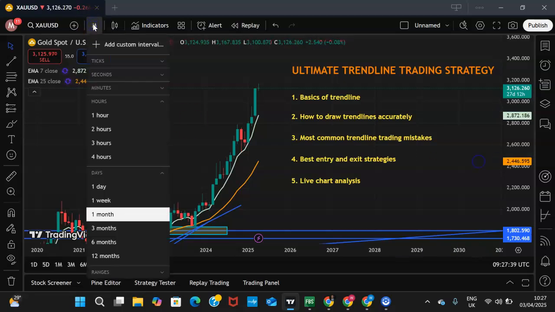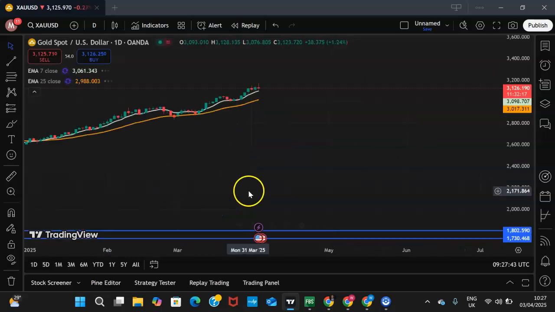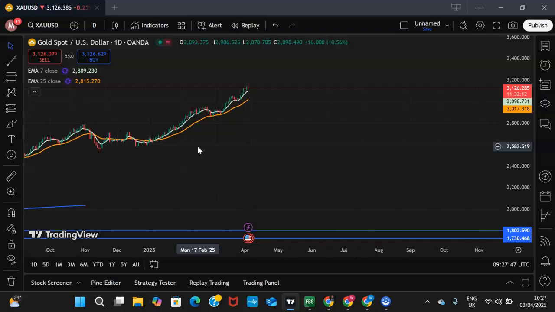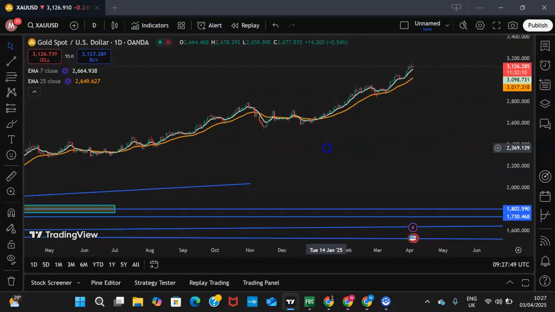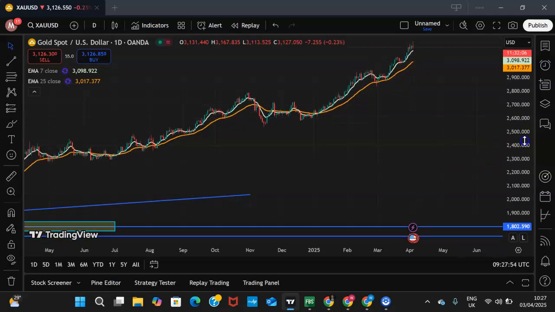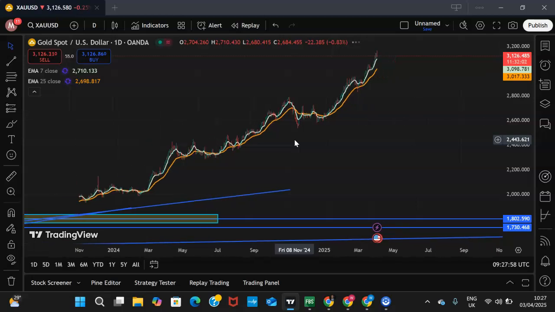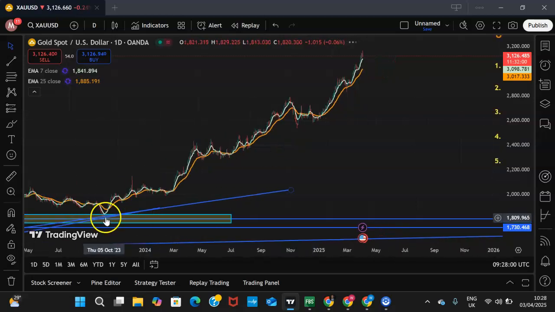So this is a monthly chart, gold chart. Let's go to the daily. Now, if you actually look at that gold chart, you see some lines. Now, if we're on the monthly time frame, this is where our monthly trend line intercepts coming from the monthly time frame.